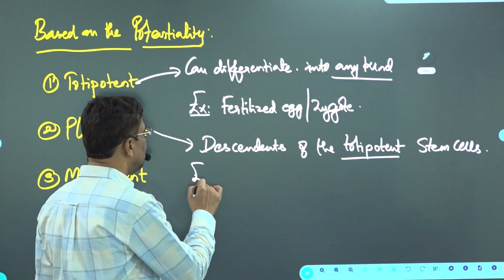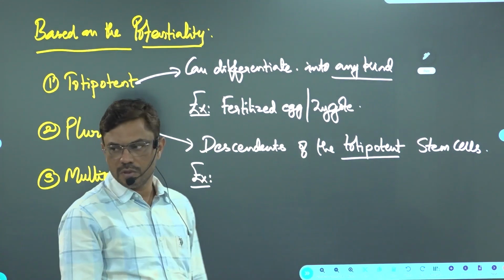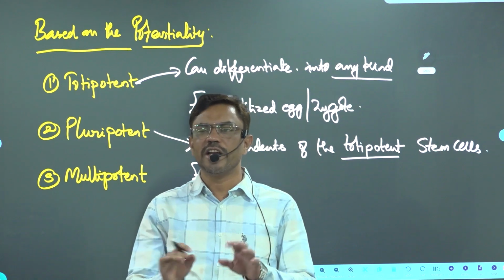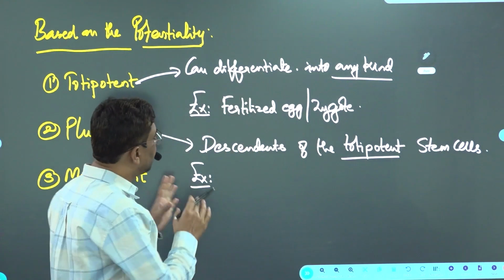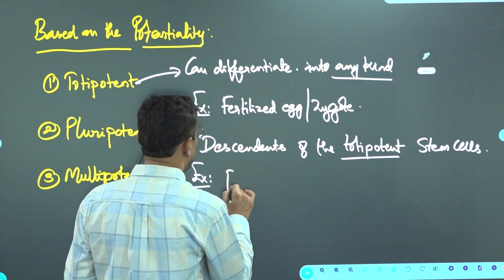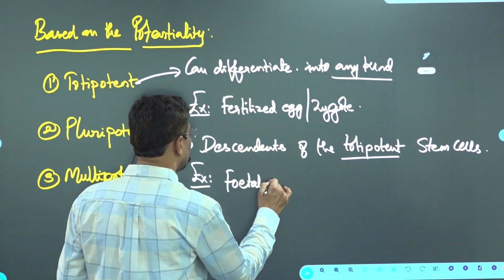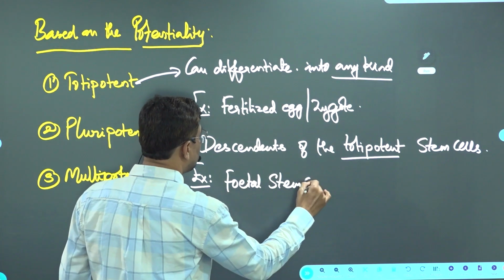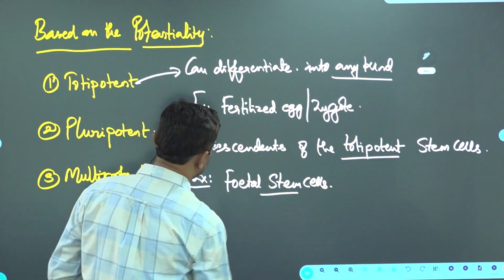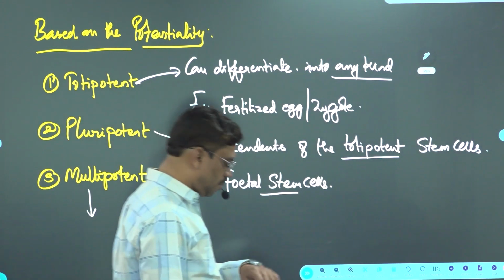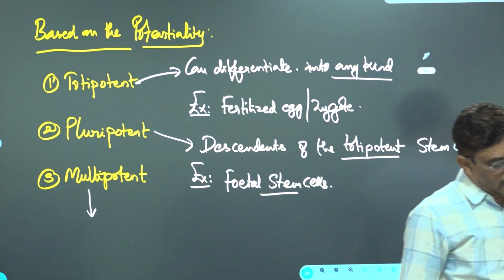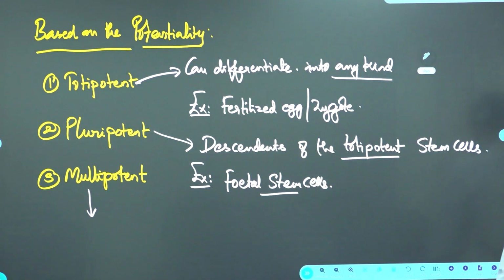That means they have some limitations. They are not differentiated into any kind, but they have some limitations, some restrictions. They can differentiate into some kind of cells. Say for example, fetal stem cells. Fetal stem cells are called pluripotent stem cells. And then multipotent stem cells.